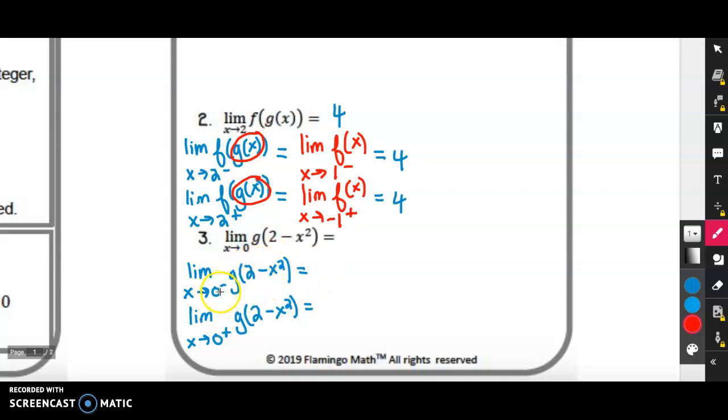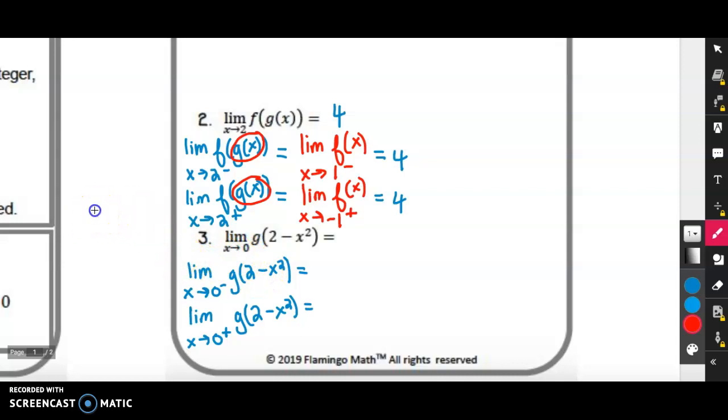So as I am plugging in numbers that are closer and closer to 0 but less than 0, so for example, if I'm plugging in negative 0.01, basically what's going to happen is as this gets closer and closer to 0, the 2 minus 0 is going to get closer and closer to 2, but from the left-hand side, because it will technically always be smaller than 2, no matter how close to 0 you get.